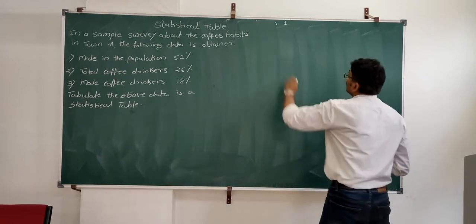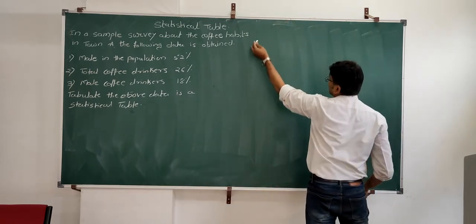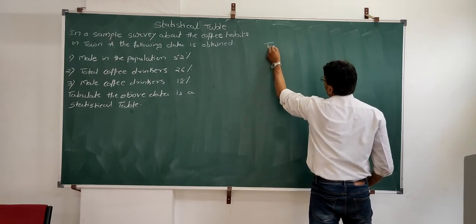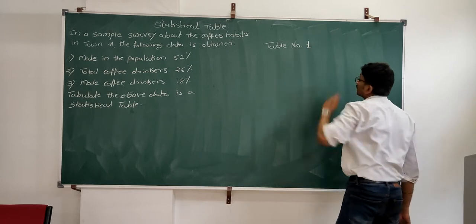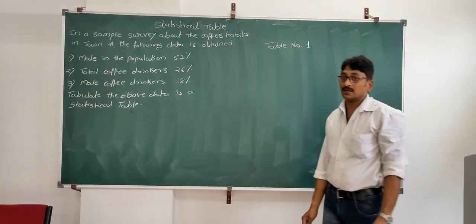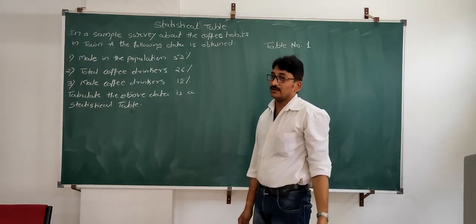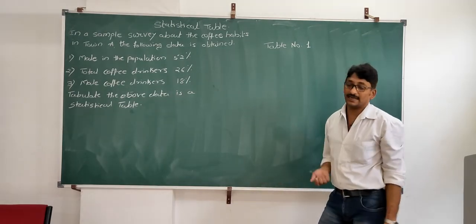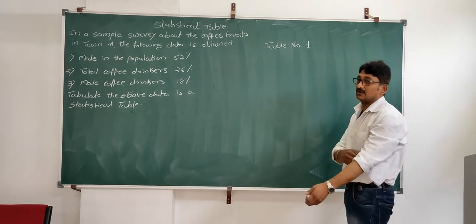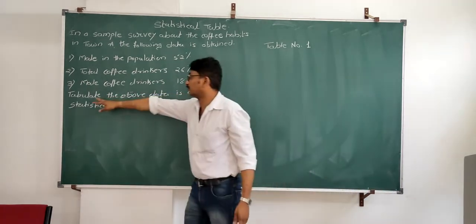Again I will write here. We'll start with the table number. I'll write here as table number 1. Next, as you know, in blank table we have to write the title. Here also we have to write the title, whether we are preparing a blank table or a statistical table. Now as per this question, what we have to prepare?